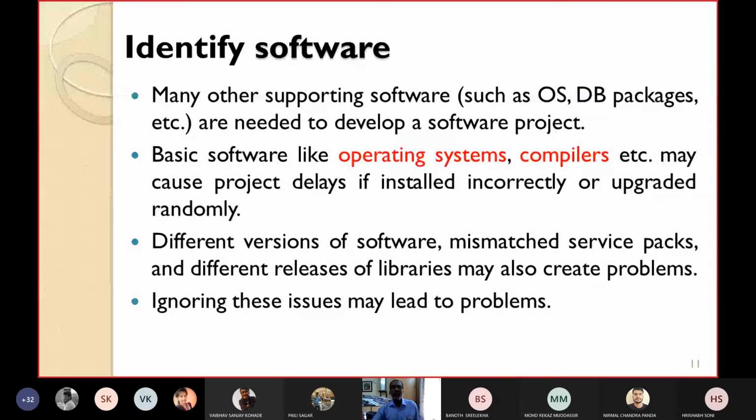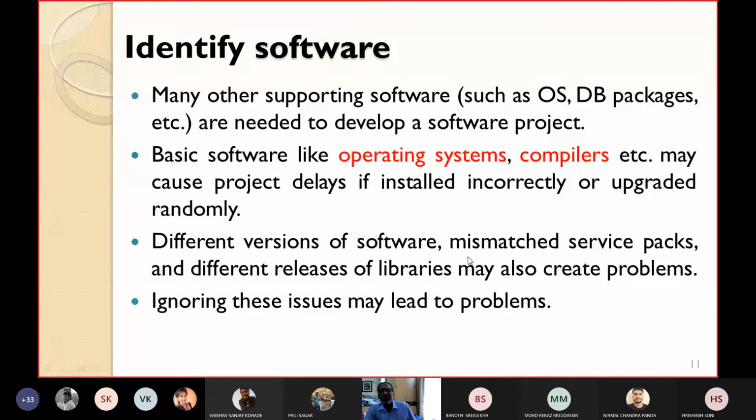So you have to give sufficient attention to the basic software like operating systems, compilers, database packages, linkers, loaders, etc. And you should ensure that they are installed correctly and upgraded properly. Otherwise, they will cause delays in completion of the projects.